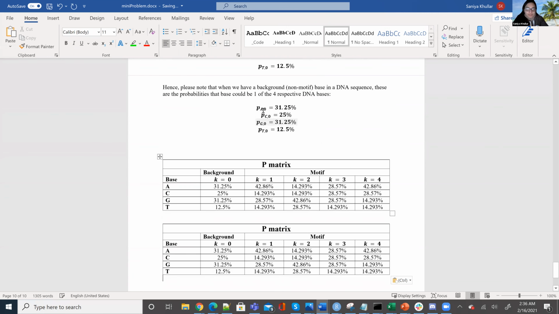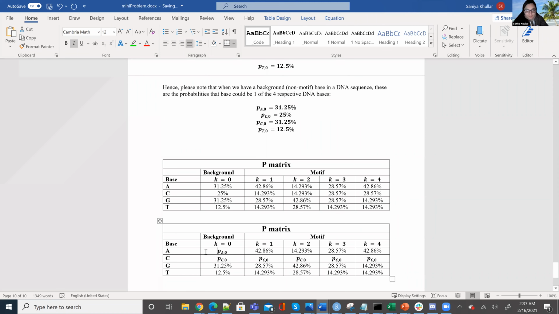So again, this is PA of 0. This is PC of 0. Actually this is better. Maybe I should do it this way, and then I'll just fill it in for you guys. This is PG. This is a probability weighted matrix. And in the end, these are the values that we've calculated above.